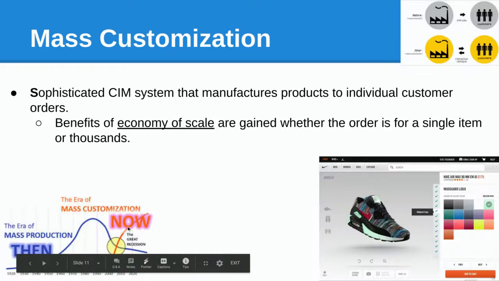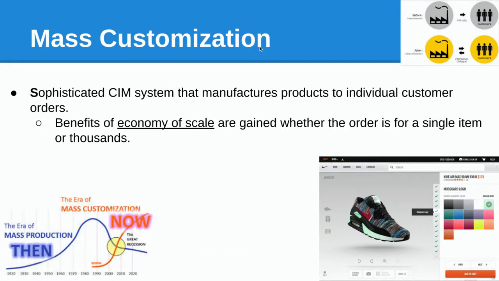Mass customization. We talked about this once already, but we'll talk about it again. Sophisticated CIM systems, which is computer integrated manufacturing, that manufacture parts to individual customer orders. Benefits of economy of scale, because it's mass produced, are gained whether the order is for a single item or thousands.